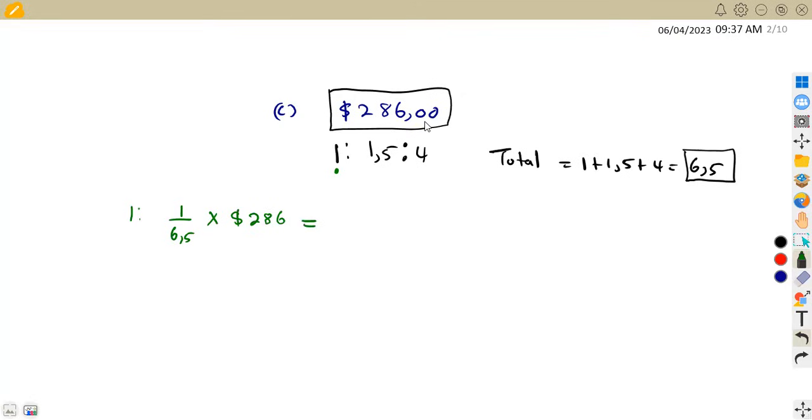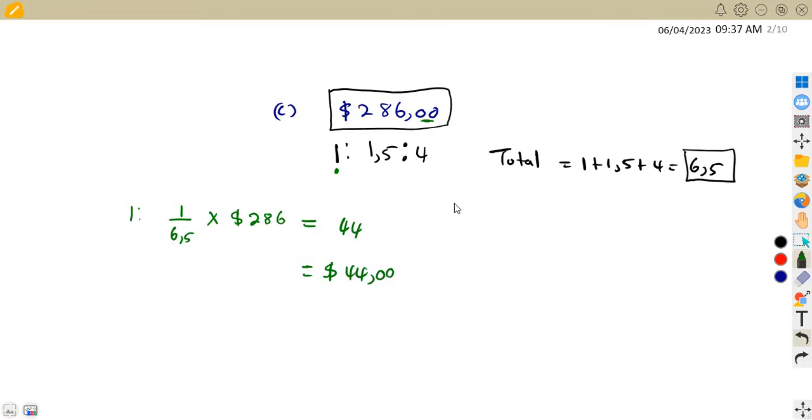The zeros here represent the cents, 0 cents, so you do not use them in your multiplication, just multiply direct. This is going to give us 44, so $44 in this case.